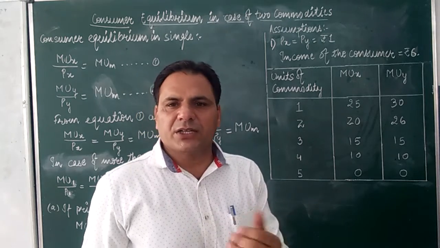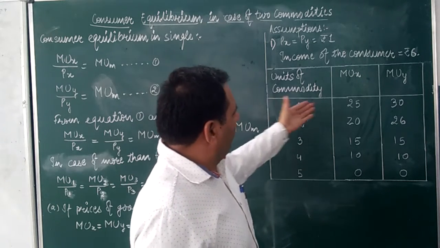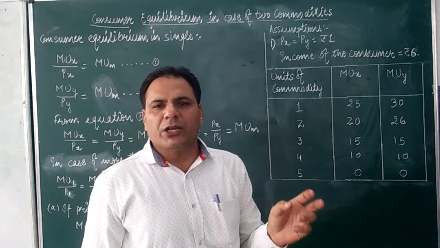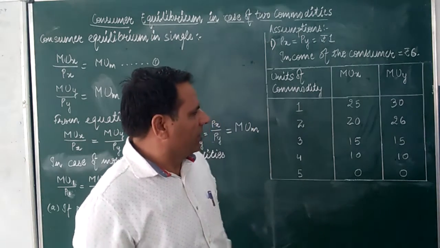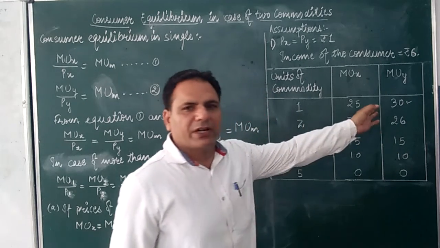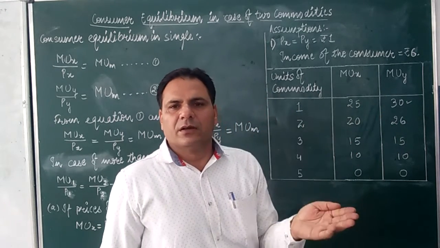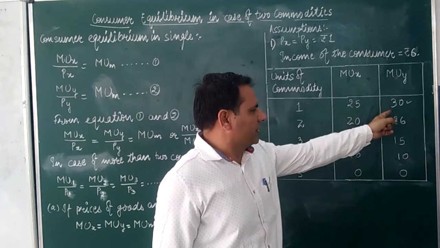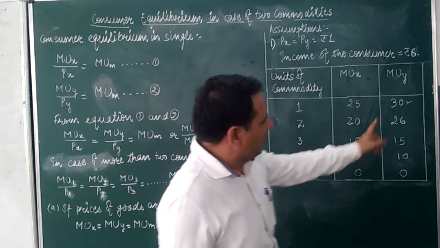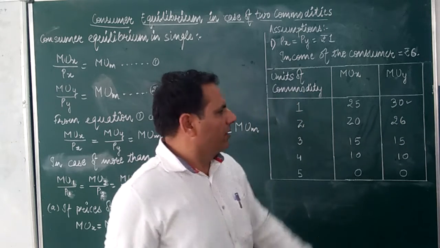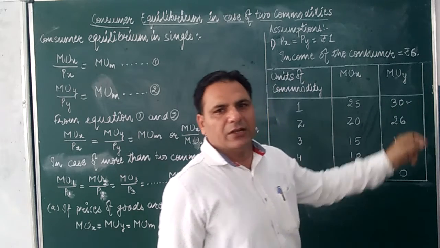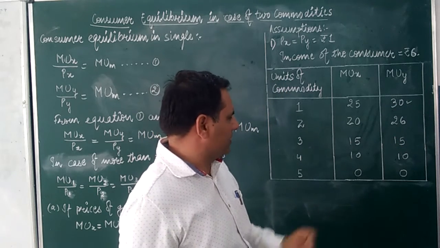Definitely, if I ask you as a consumer, out of these x and y, which commodity you will buy first, definitely your answer will be 30, because it is providing the consumer maximum units of satisfaction, that is 30. So the consumer will spend first rupee on commodity y, because he is getting 30 units of satisfaction.